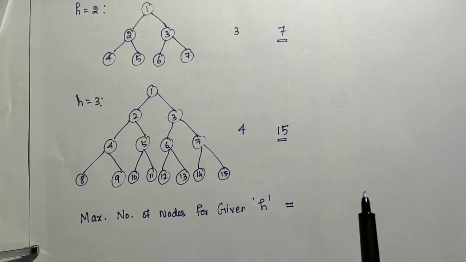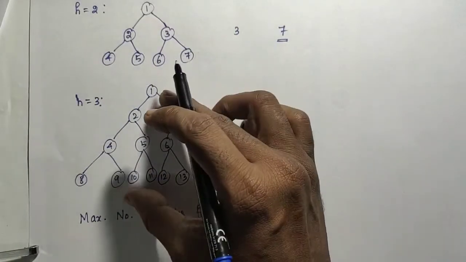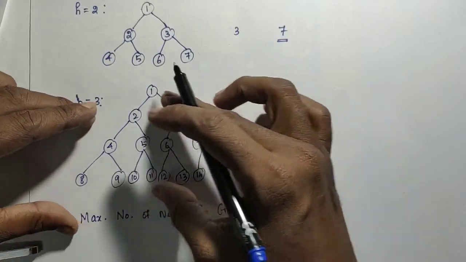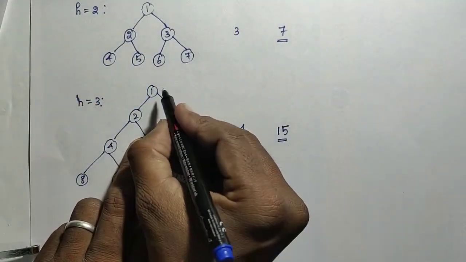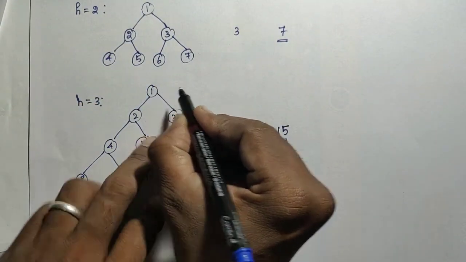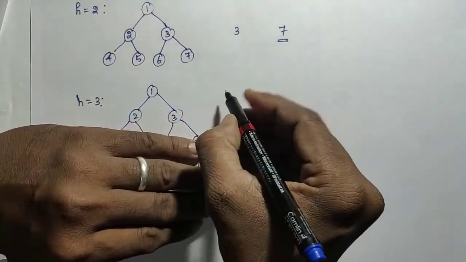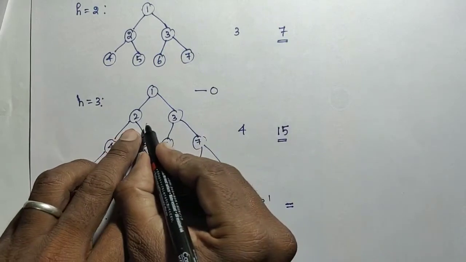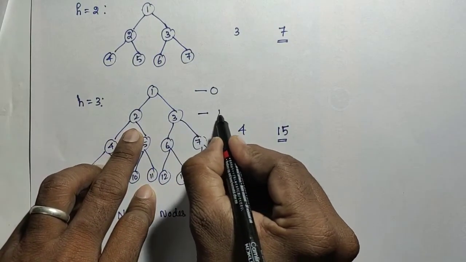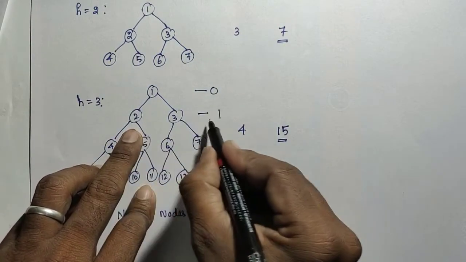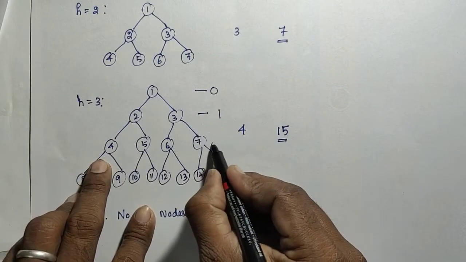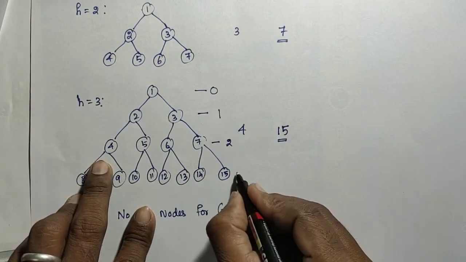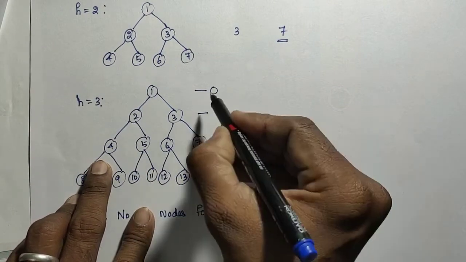So for example, consider the lengthy tree with height 3. So this is the 0th height. This tree is the 0th level, and this is the level number 1. In this, level number 2. Here the level number is 3.